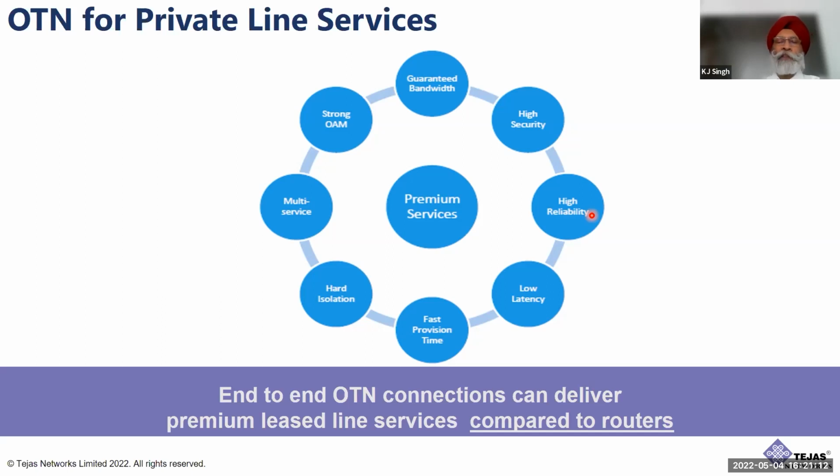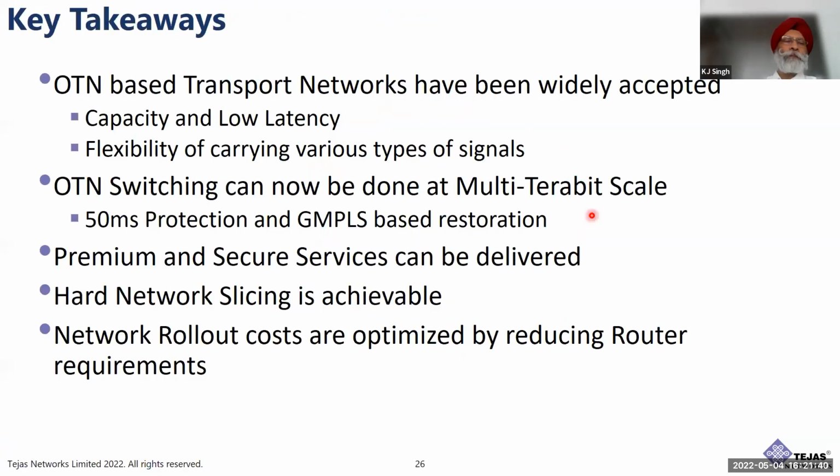So your packet will experience jitter, and there are buffering issues in packet networks that can also cause loss and delay. And none of that really is there if you get an OTN private leased line. So that's where a lot of our operator customers like OTN as the underlying technology to deliver these premium services.